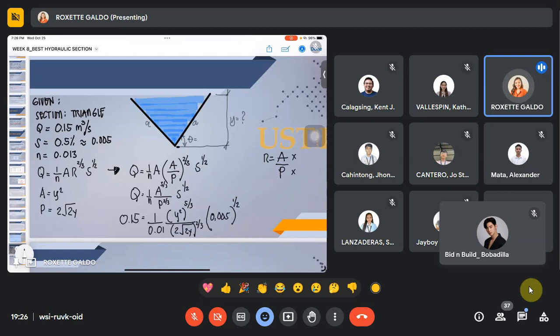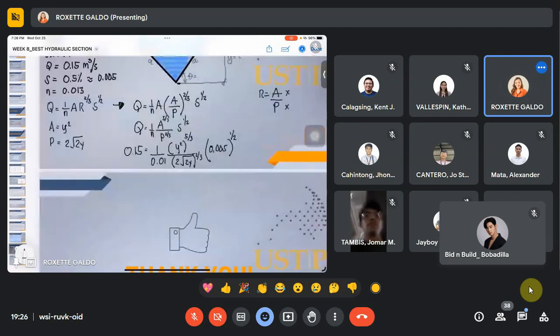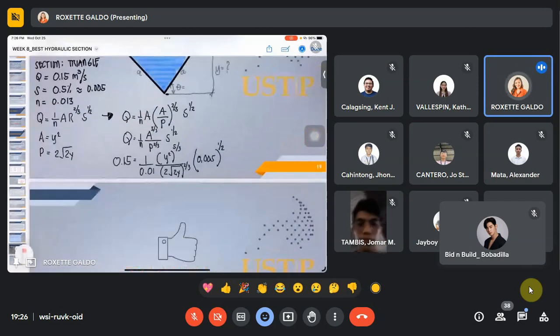From this equation, we only have y unknown. So can somebody solve for that? How much is y?